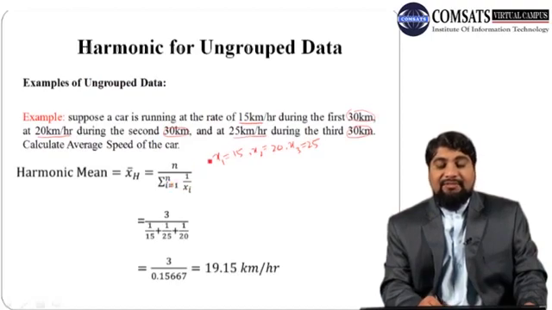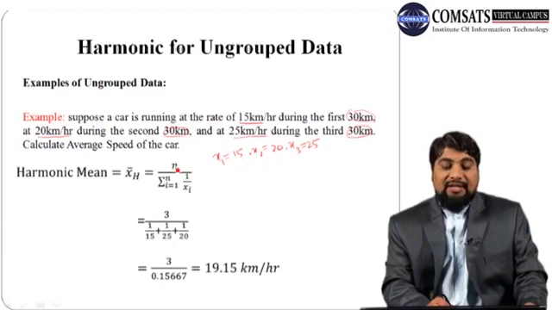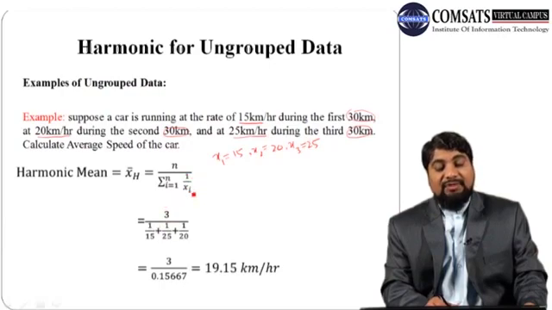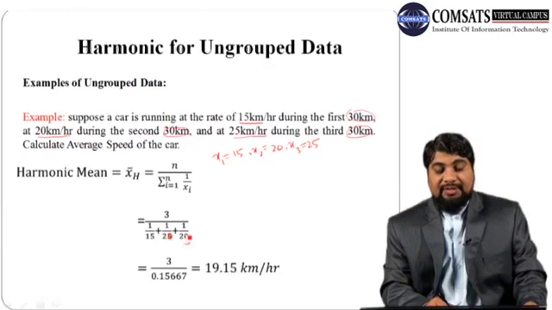In this case we have three values, x1, x2, x3, so n is 3, and then 1 over x1 plus 1 over x2 plus 1 over x3. So 1 over 15, 1 over 20, and then 1 over 25.